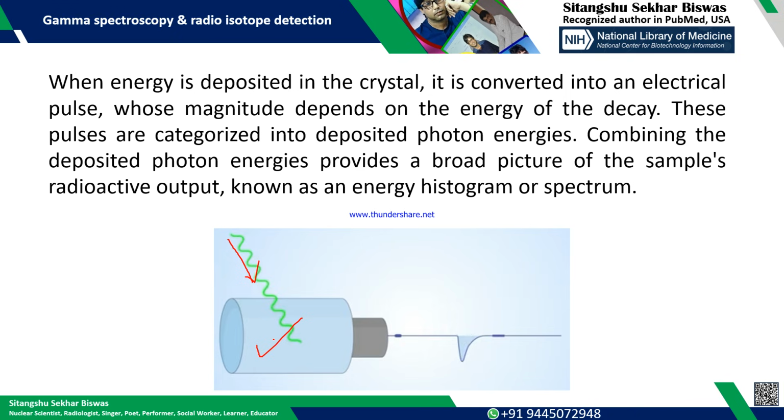Once the energy is deposited here, this energy will cause some charge unbalance in the nucleus, and this will cause some electron flow through the external circuit connected with it, even though it is of very low amplitude. Then you will get an electrical pulse.